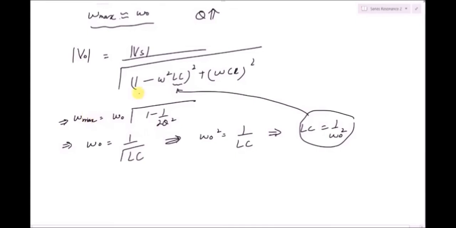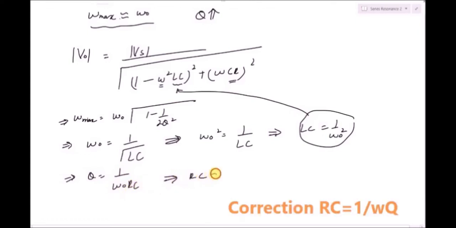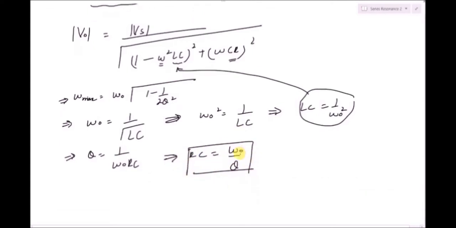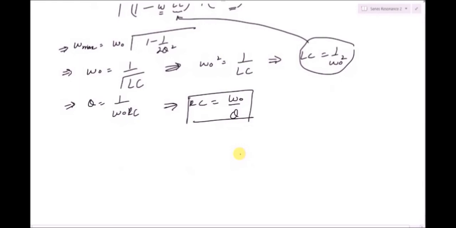Omega max will be used for the values of omega, and for the values of RC, we know that Q is equal to 1 over omega naught RC, so RC will be 1 over omega naught Q. So we will replace these three equations in the first equation, and the final value of the maximum voltage across the capacitor will be QVs over under root of 1 minus 1 over 4Q square.